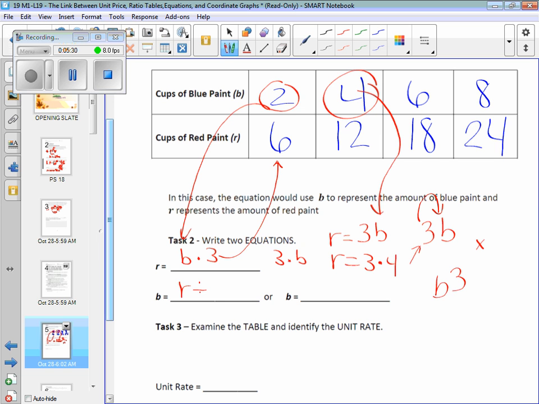Well, divided by 3. There's no way to show division of a variable and a number without putting the division symbol in. You will down the road start to see it like this, r divided by 3, but for right now, forget about that. Leave the division symbol in.